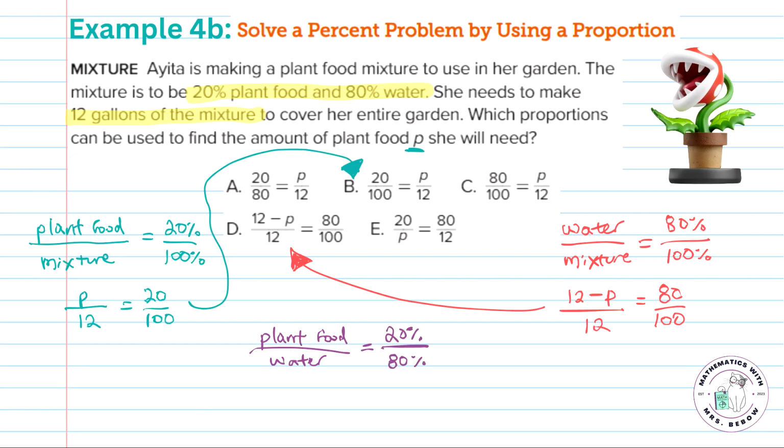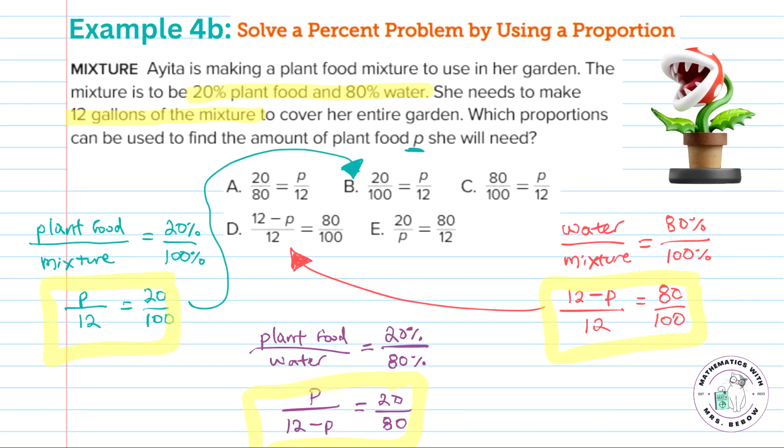Plant food, we're using P. The amount of water would be, again, that 12 gallons minus the amount of plant food. Whatever's left is the amount of water, and then that equals the 20 over 80. So that's another option as well. So we actually had 3 options of how we could go through and set up and solve this problem.